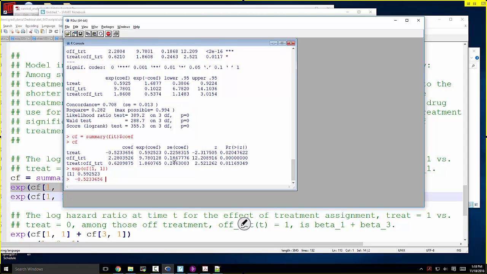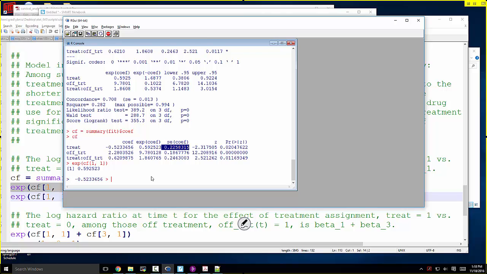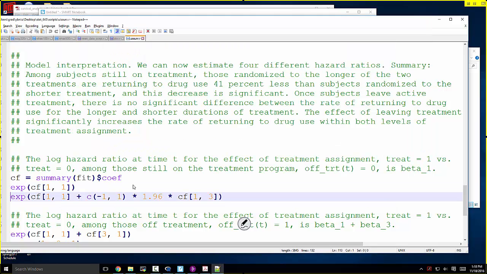That would be a confidence interval for log hazard ratio. And it turns out if you want a confidence interval for hazard ratio, you can just exponentiate the endpoints of the confidence interval. So that's what I'm doing right here. Exponentiate beta 1 hat plus or minus 1.96 times the standard error of beta 1 hat.